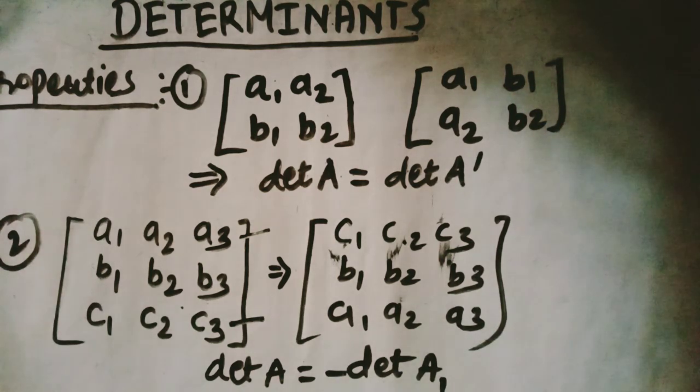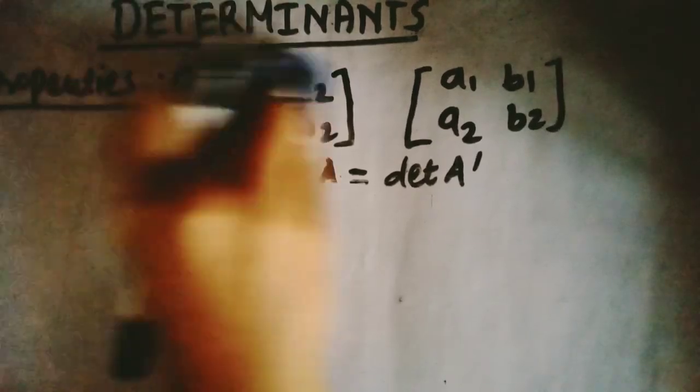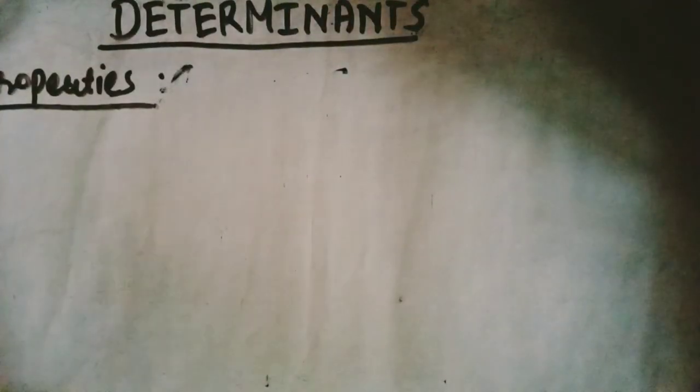Okay, let's move on to our third property. If any two rows or columns of a determinant are identical, with all corresponding elements the same, then the value of the determinant is 0.